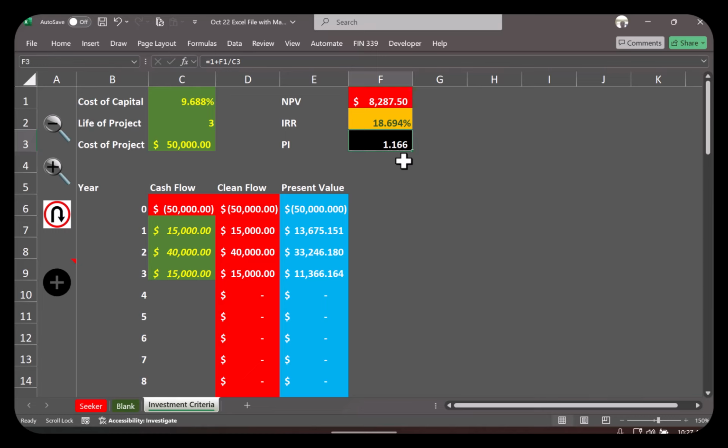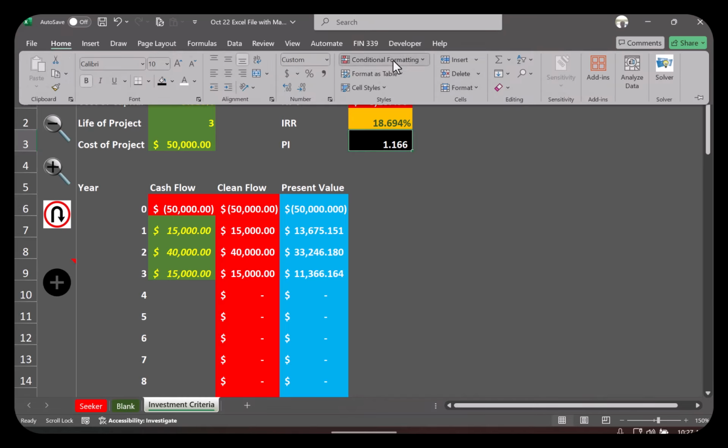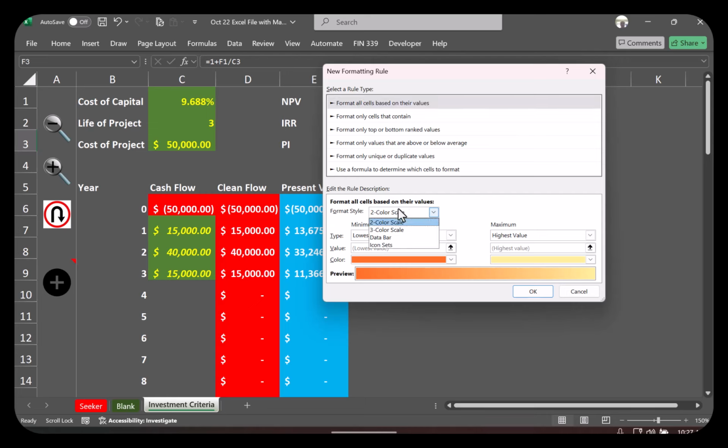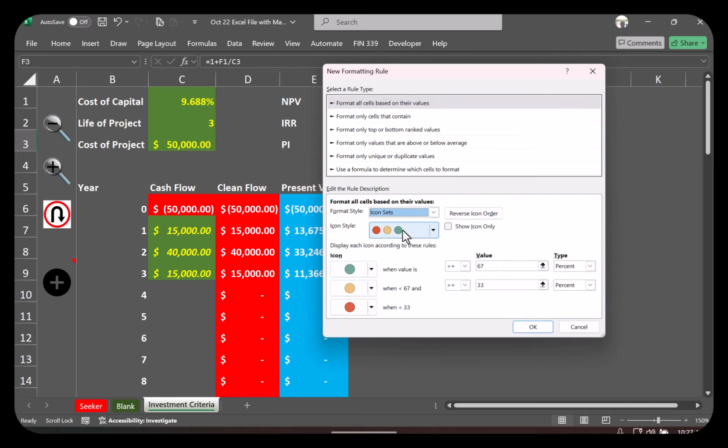I can pick those when I'm formatting. Home, conditional formatting, new rule. I'm going to pick icon sets, and I'm going to pick these icons. Number. If it's greater than or equal to 1.05, I'm going to give it a check mark.